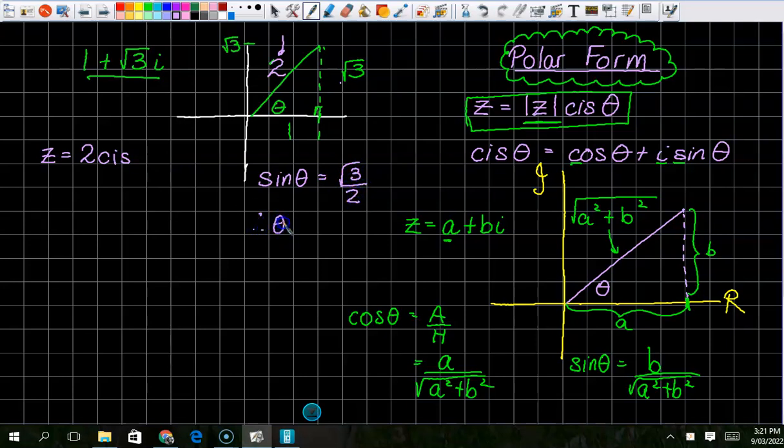Therefore, what is theta? Do you remember? I remember pi on 6. So sine of 30 is a half, which means sine of 60 is the other one, and 60 is pi on 3. So this is pi on 3.